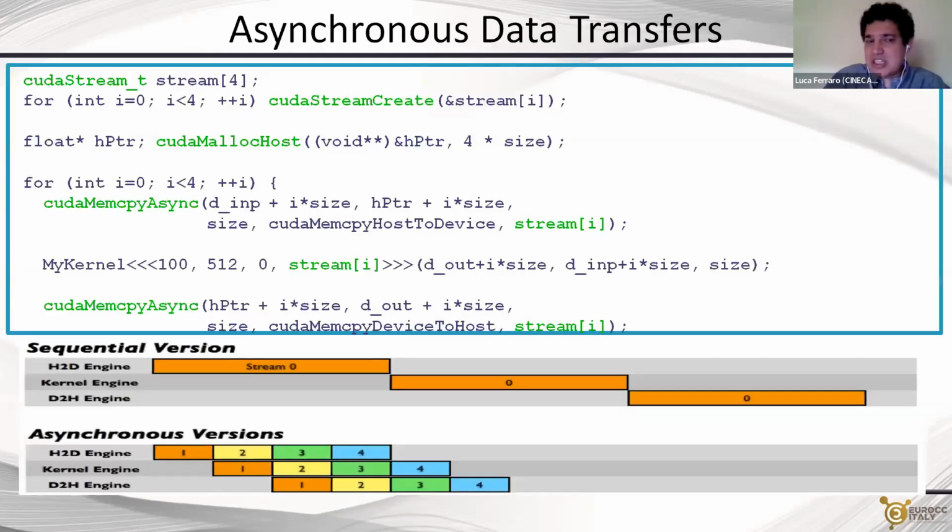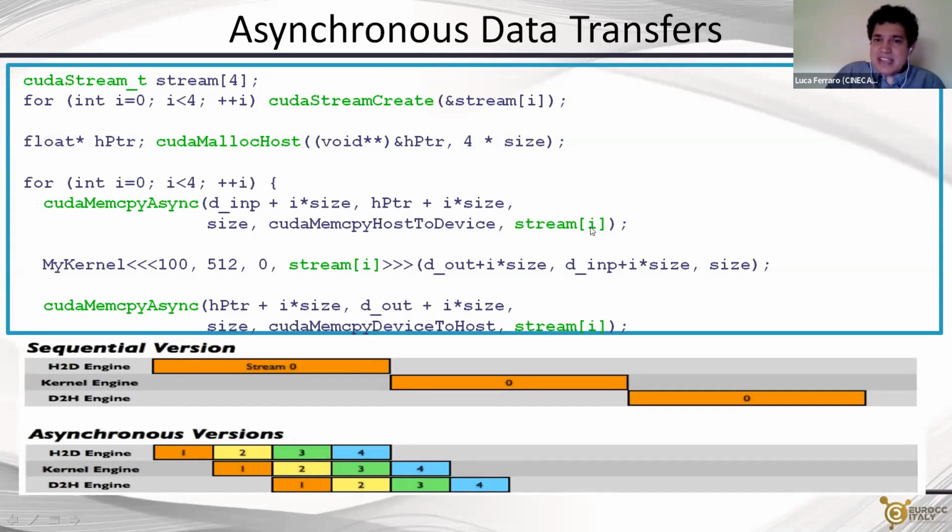This is just an example of the same things I have already shown. This is the code that declares 4 streams. You declare a buffer with pinned memory on the host side, cudaMallocHost. And here we loop over the 4 streams.